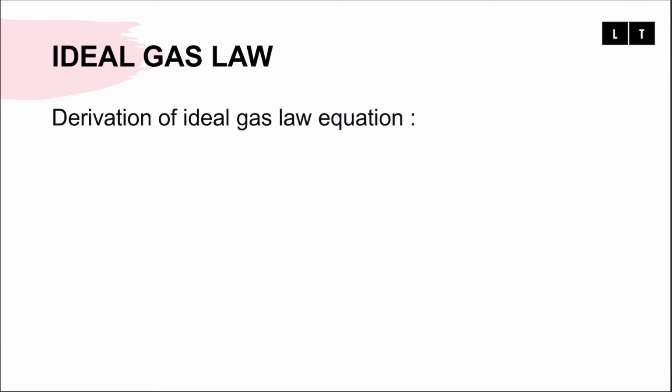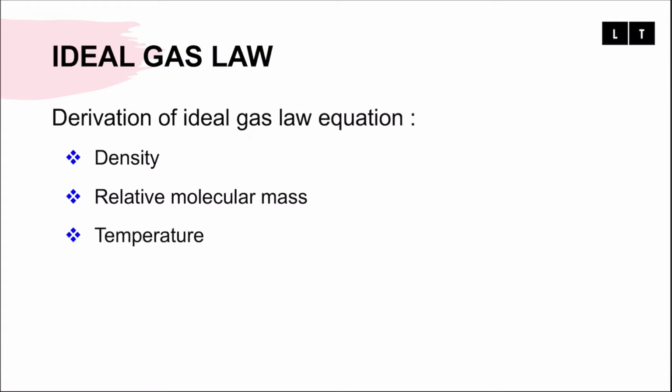Awak kena tahu this equation also can be used to derive another formula to calculate density, to calculate relative molecular mass, to calculate temperature dan to calculate the pressure of a gas. So semua ini kita boleh gunakan ideal gas law equation.